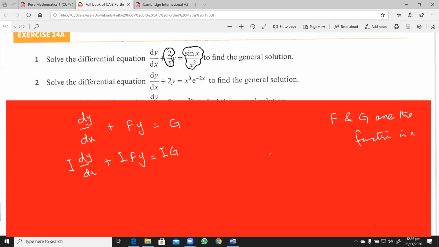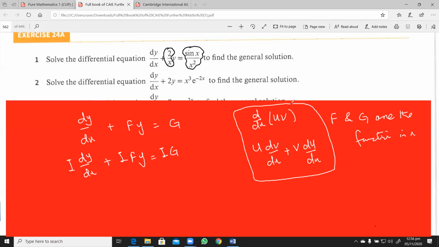Now you had that u dv by dx plus v du by dx. I have given you the hint because we're looking for a product here. So the d by dx of u dot v can be written, you know about this, okay? That d by dx of uv is u dv by dx plus v du by dx.